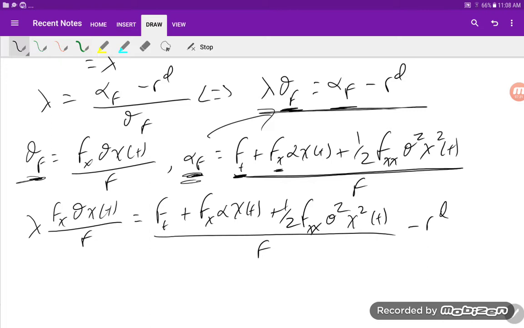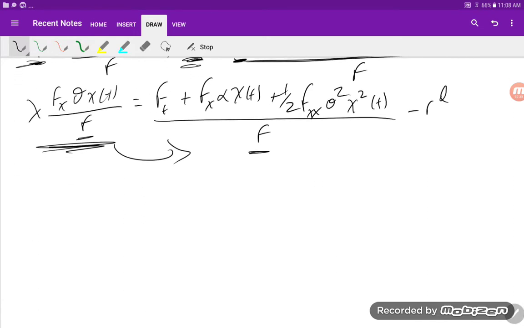Alright, so now I'm going to move this term to the side and then multiply through by f. So we'll get f, first partial with respect to t, plus partial to x, alpha x t.